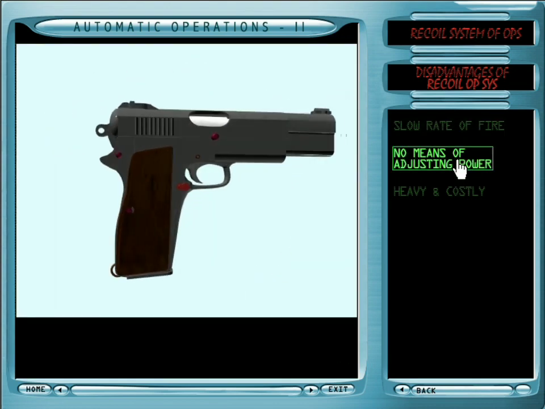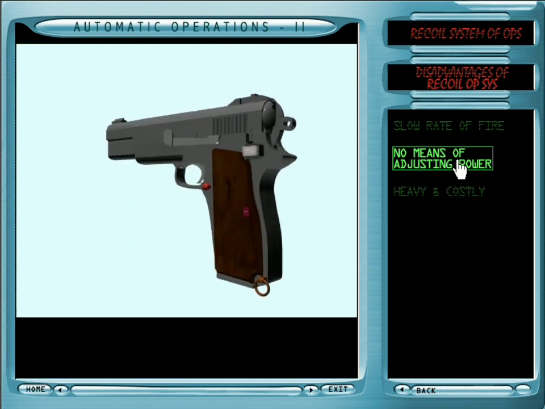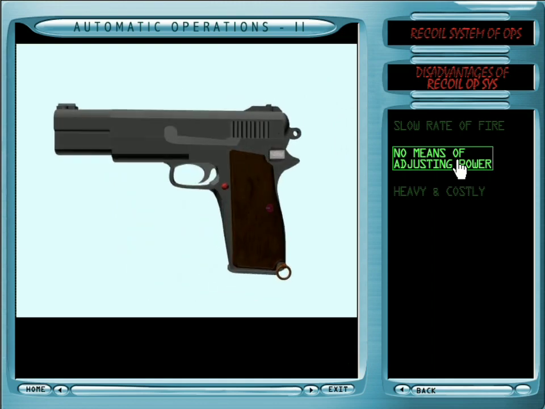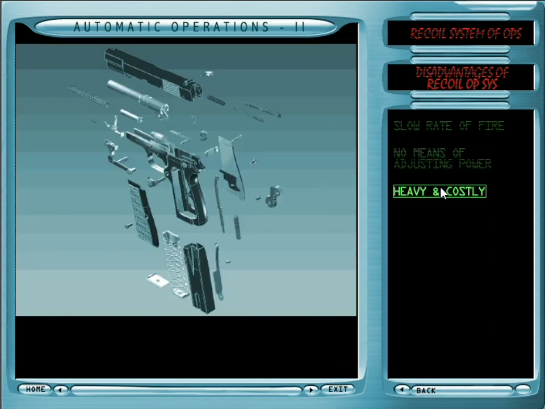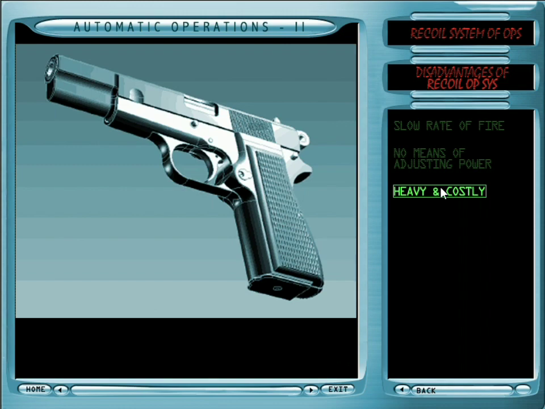Unlike gas operated weapons, recoil operated weapons do not have any means to adjust the power. Heavy parts. As the parts of the recoil operated weapon are made robust, the overall weapon is heavy.